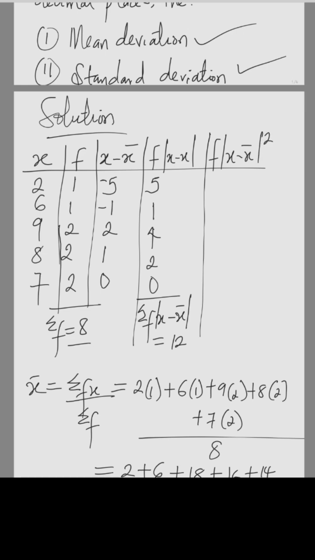What this means is we're going to square the absolute value of x minus x bar, and that's going to give us 5 squared, which is going to be 25, then times 1. Here we're going to have 25. So we do the same for all. The next we have 1 here, we have 8, we have 2, and 0. So taking the summation of f of absolute value of x minus x bar squared, summing up the whole values we have here gives us the value of 36.